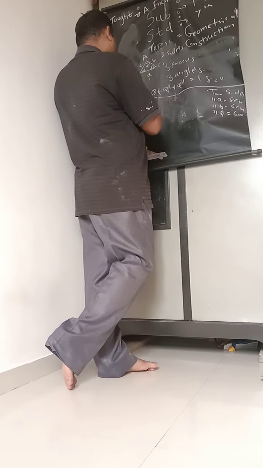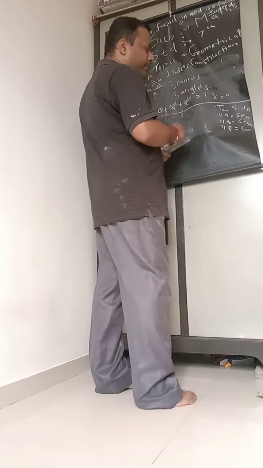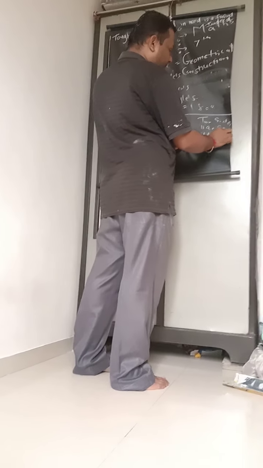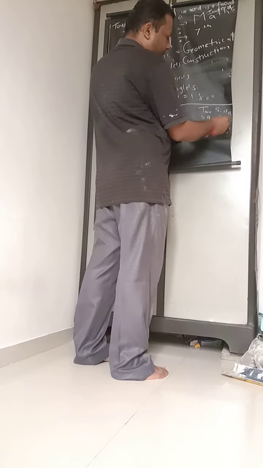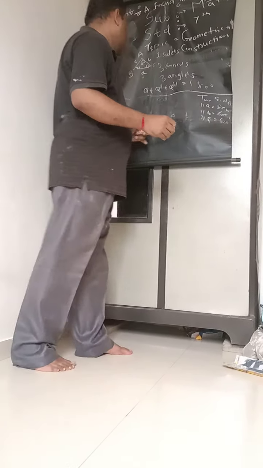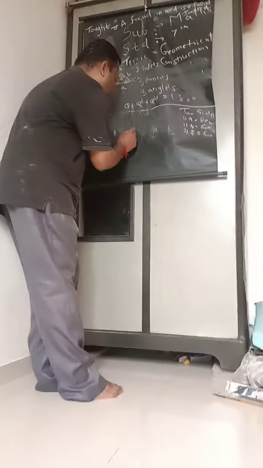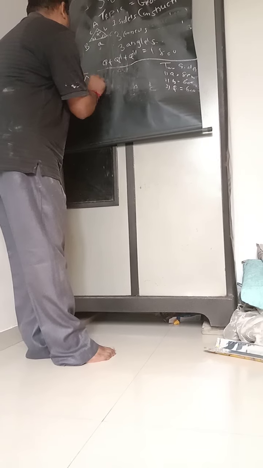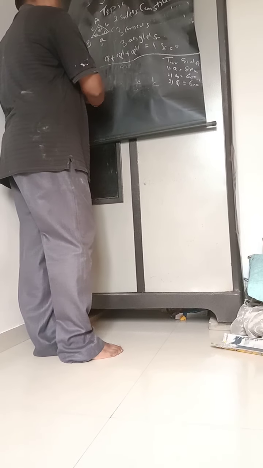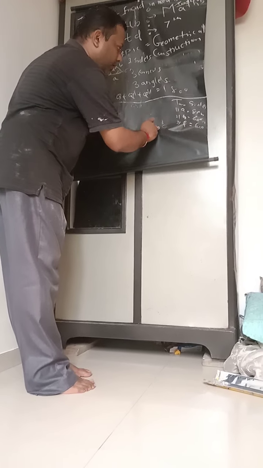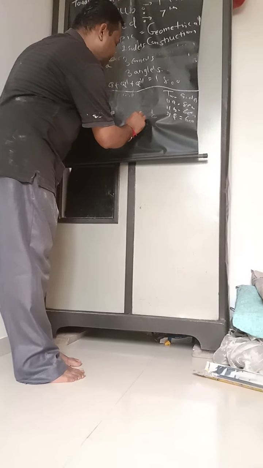We move ahead, my friends. In the second case, they are given one side and two angles. Suppose they give angle theta as 60. Here I am drawing first the side a, which is BC. So first you draw the 8 centimeter line.